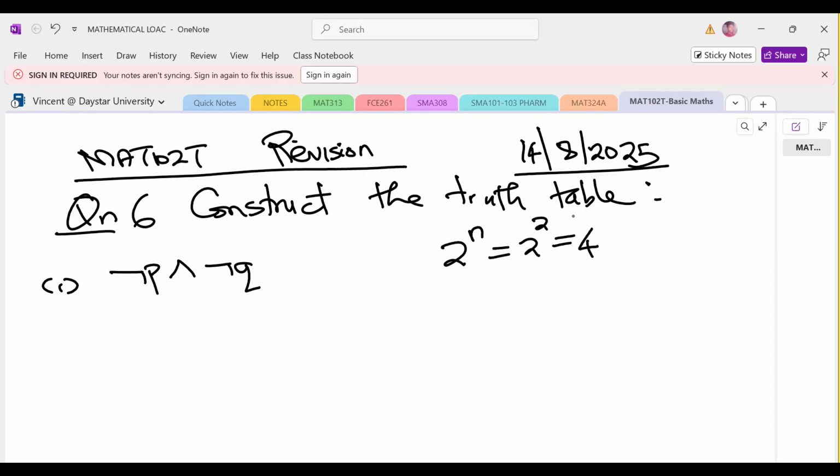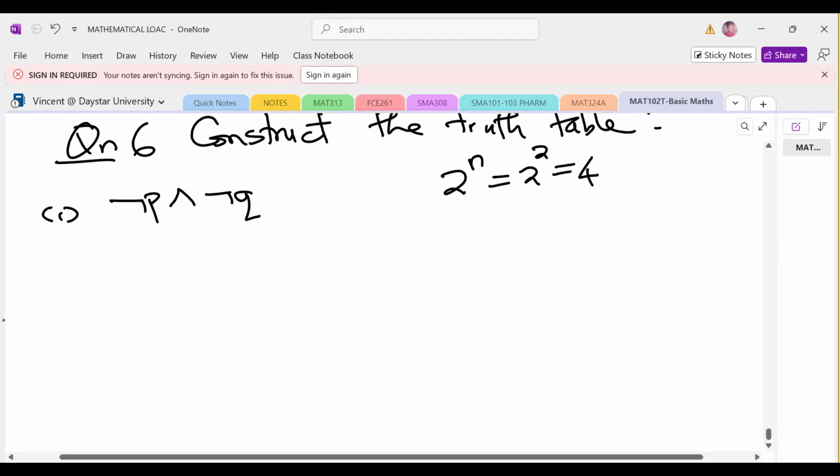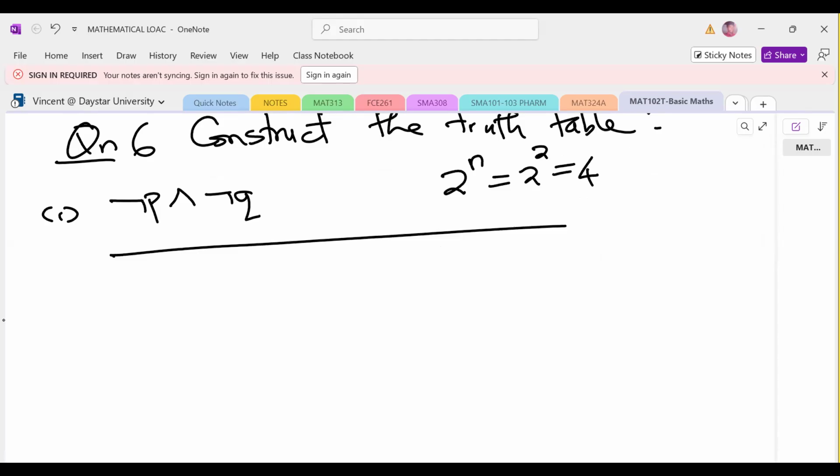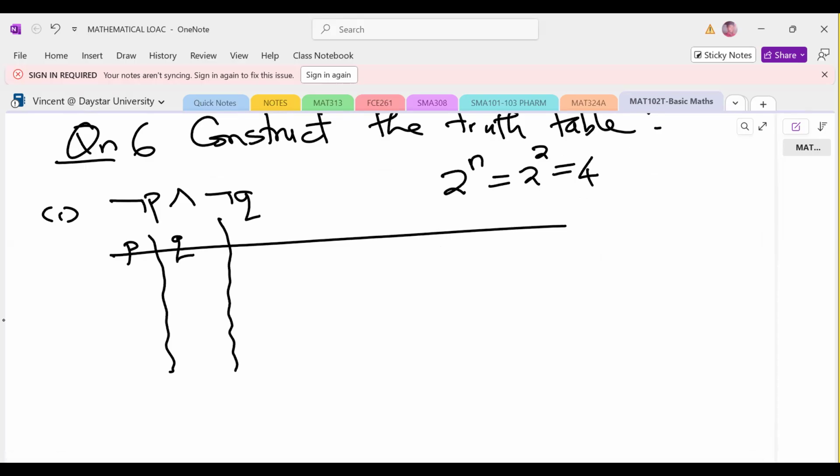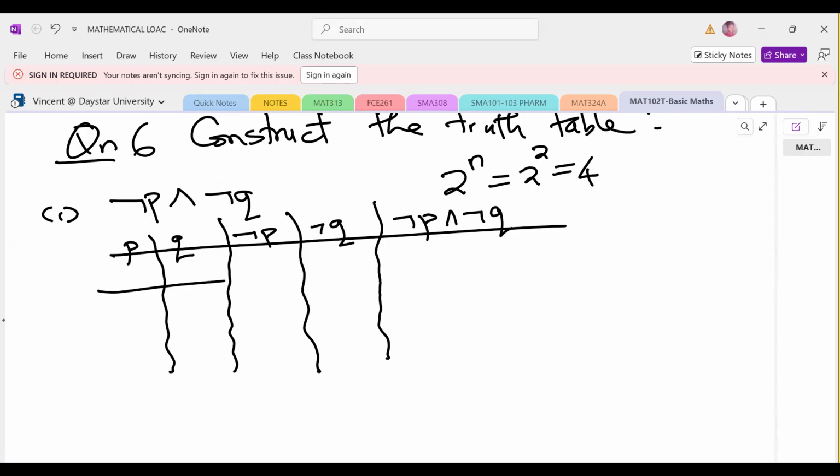Yeah, 4 rows, because there are only 2 letters P and Q. So then now you'll write this first column, you define statement P. Second column, you define statement Q. Then third column will be not P. Fourth one, not Q. And then finally the whole result, not P and not Q. So I have 1, 2, 3, and 4.